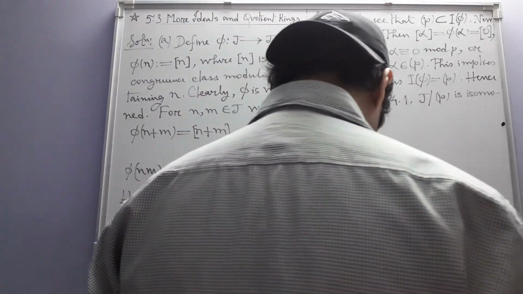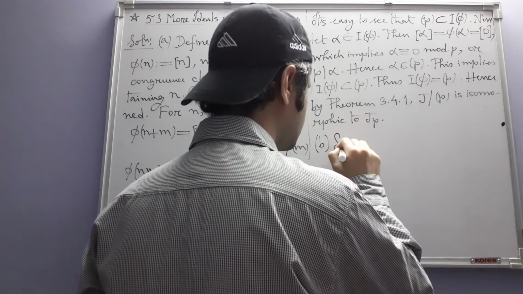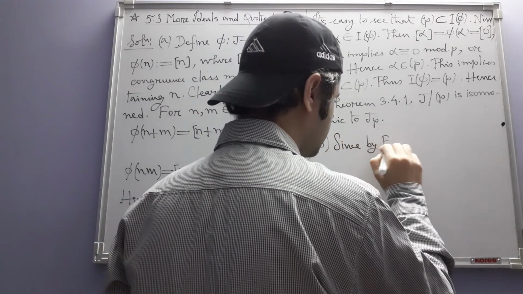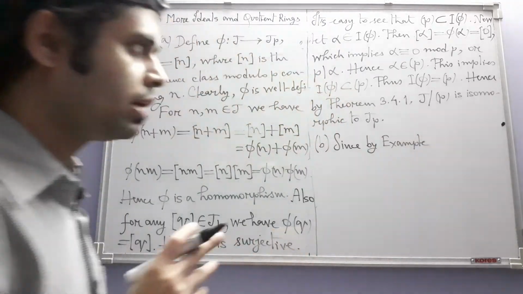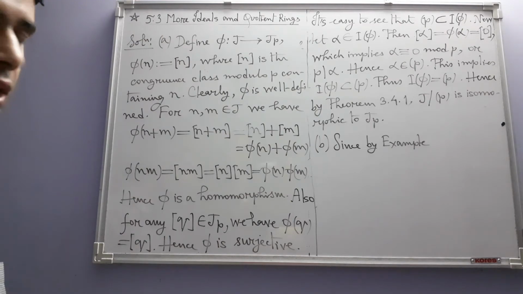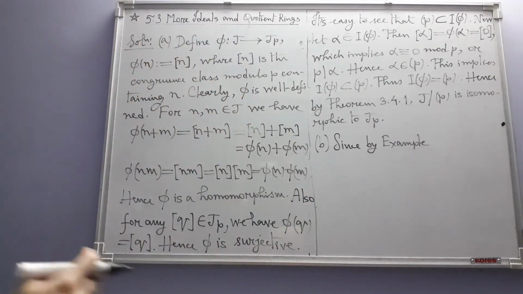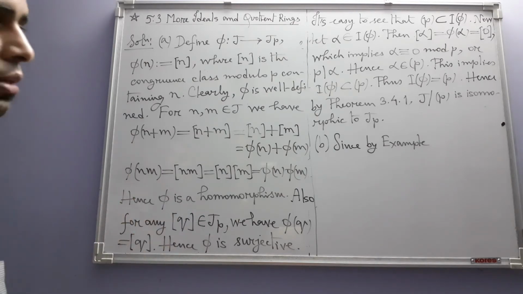Okay, so now since, by example, we have already seen two examples of maximal ideals, right? One in the ring of integers and one in the ring of real valued continuous functions on the compact unit interval.